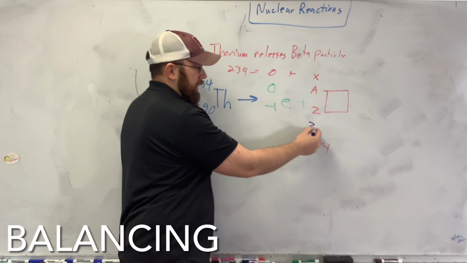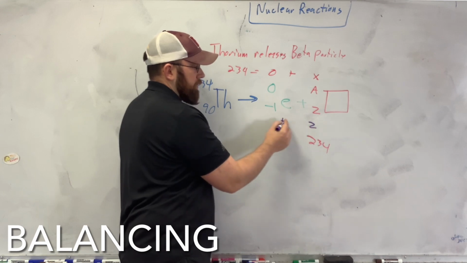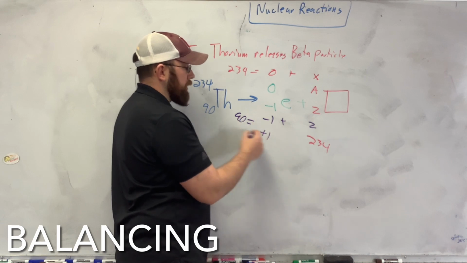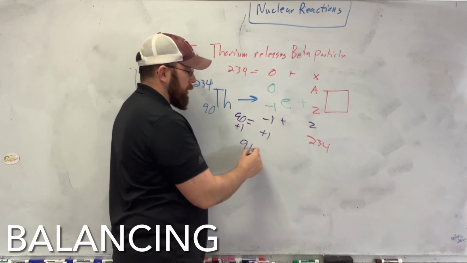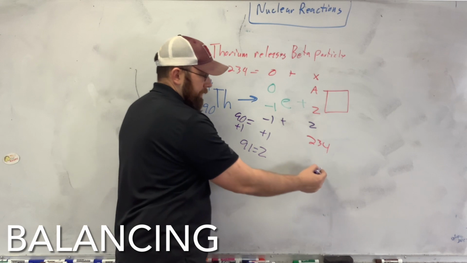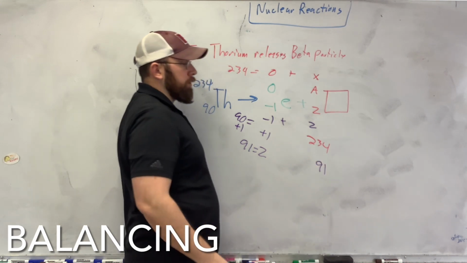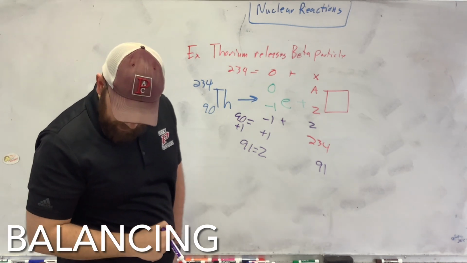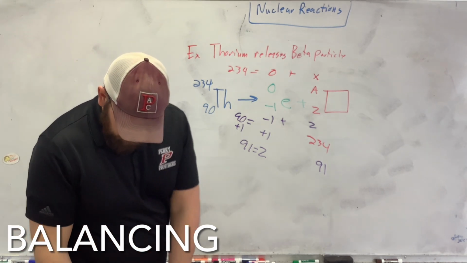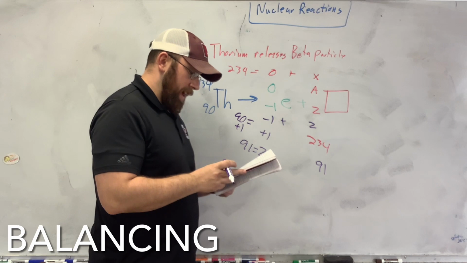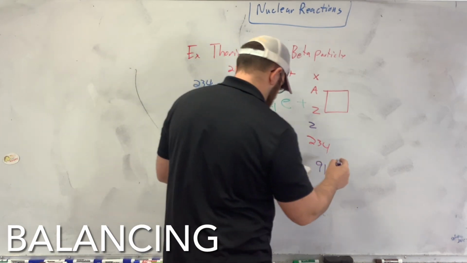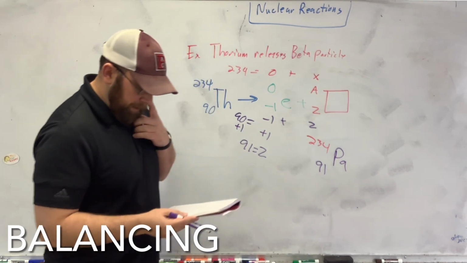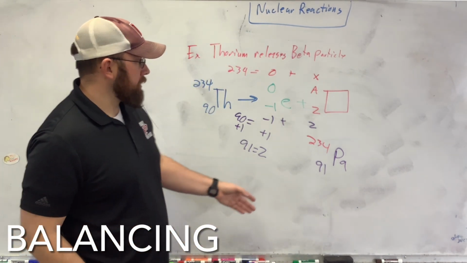I could say z plus a -1 equals 90. Add 1 to both sides. So 91 is going to equal the z. So now you go to your periodic table and figure out what 91 is, and it's protactinium, or Pa. So there you go. So now it's balanced.